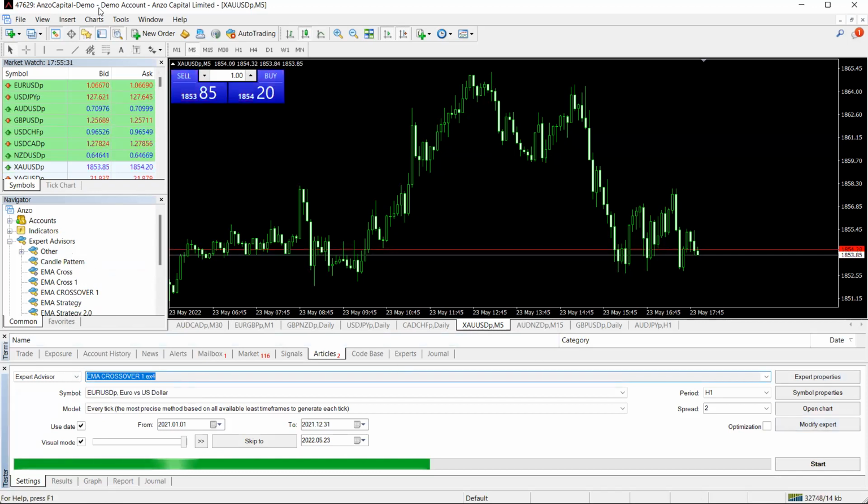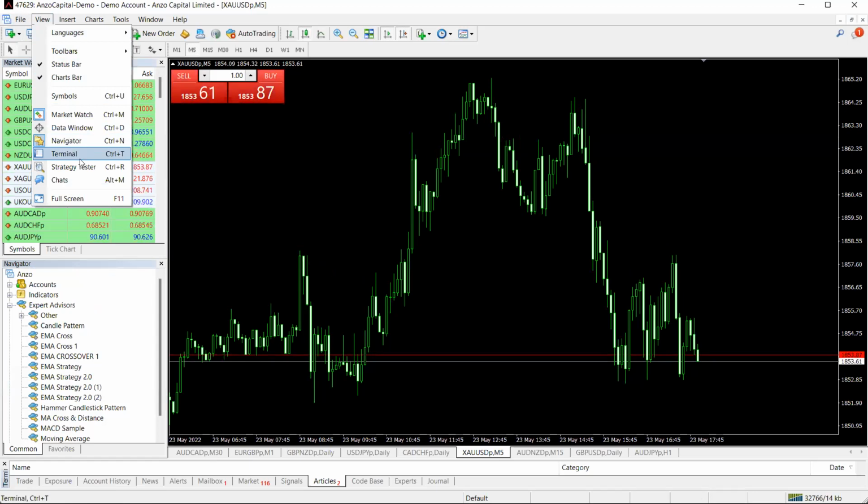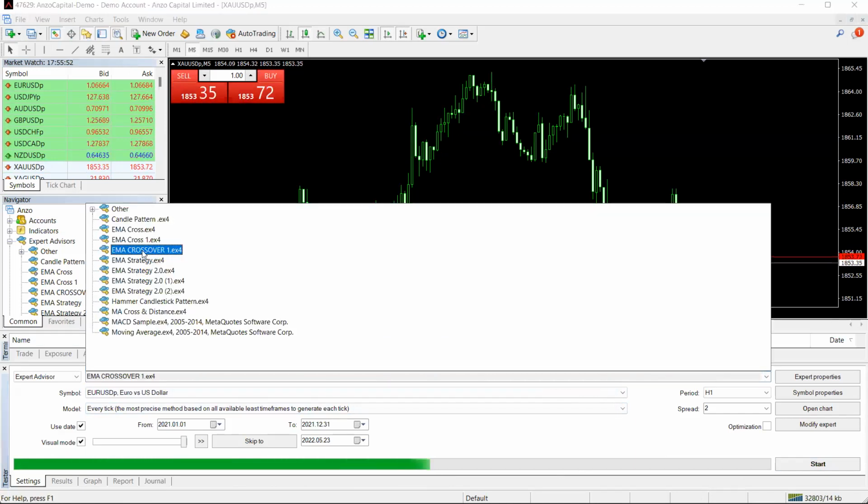And then, to open up your strategy tester, let's say, for example, I close this here, just go to View, and under View, click on Strategy Tester, or simply press Control R and you have that pop up, right? So what we're going to do now is deploy our EMA crossover that we just got.